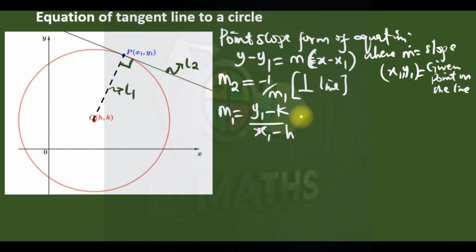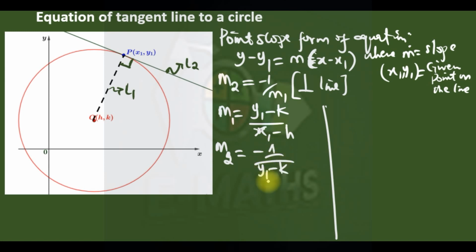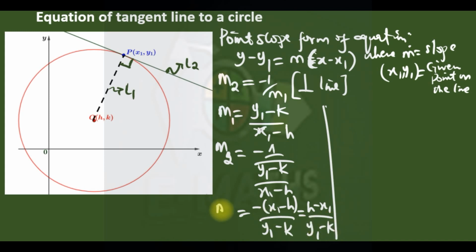So M2, the slope of the actual line we are to get, is minus 1 over y1 minus k over x1 minus h, which if you reciprocate is minus x1 minus h over y1 minus k, which is h minus x1 over y1 minus k. So this is the slope of the tangent line.